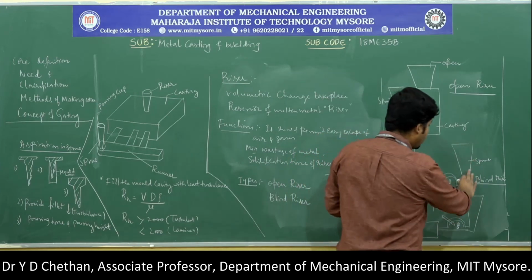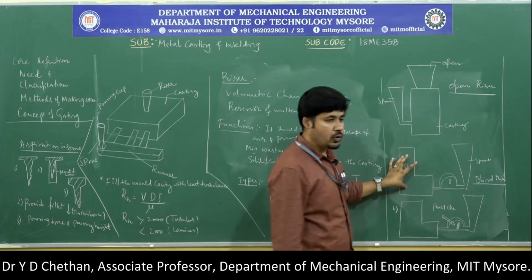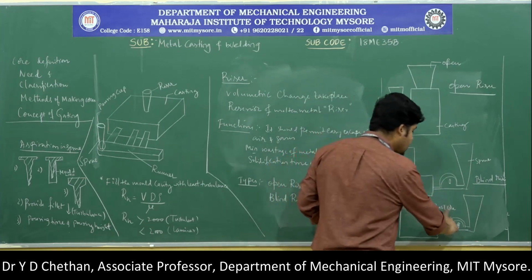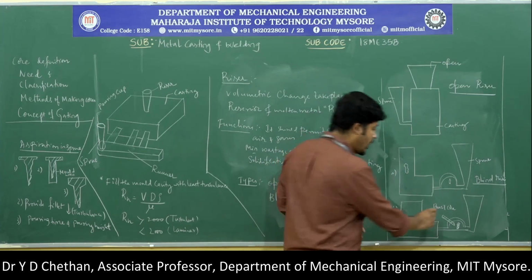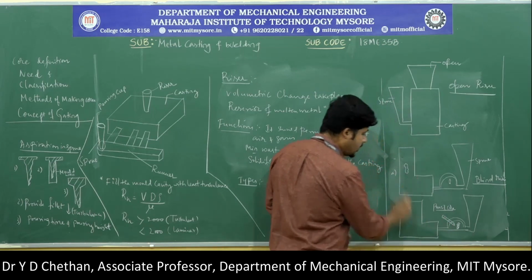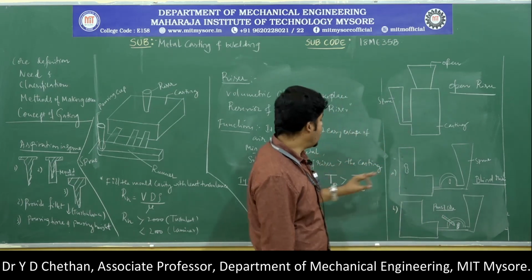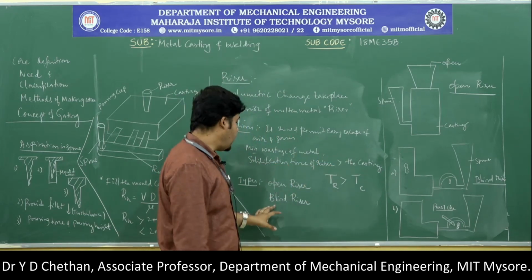Here you have the sprue, the riser, and the cast to be produced. If you don't provide a pencil core, that leads to shrinkage in the material. If you provide the pencil core in this riser, you can eliminate this shrinkage. That particular concept is called a blind riser.